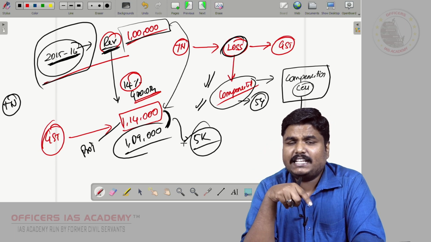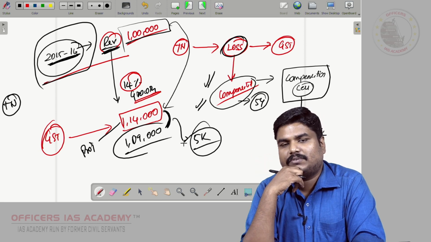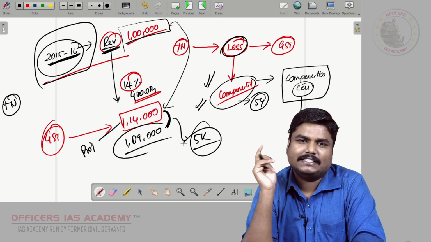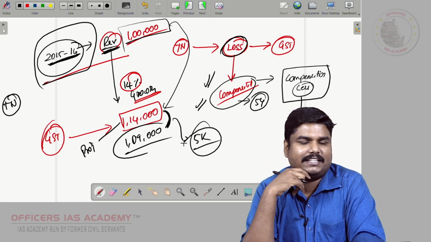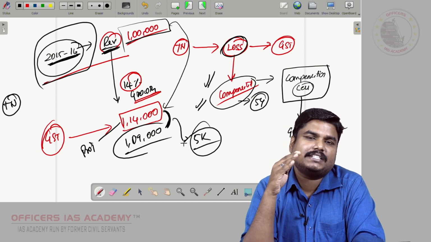This was the guarantee given by the central government to the states. Only then many states accepted. Only then they agreed, okay, we will vote for GST. We will go with this GST reform. This is the concept behind this compensation given to states.